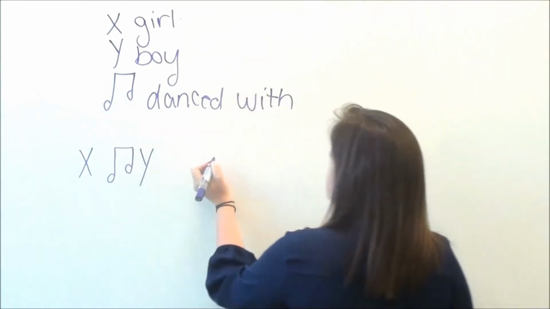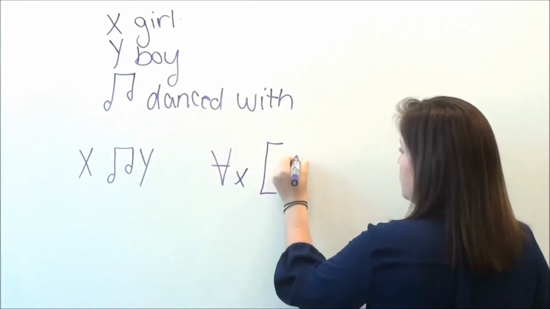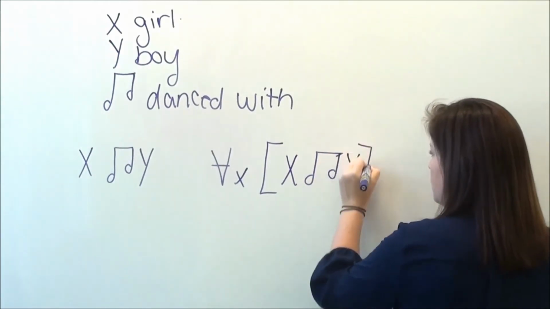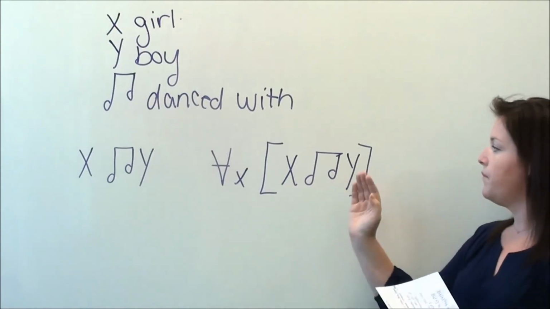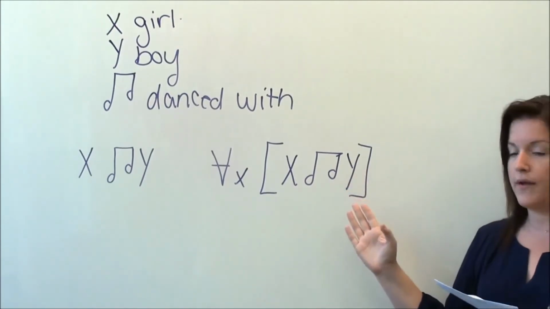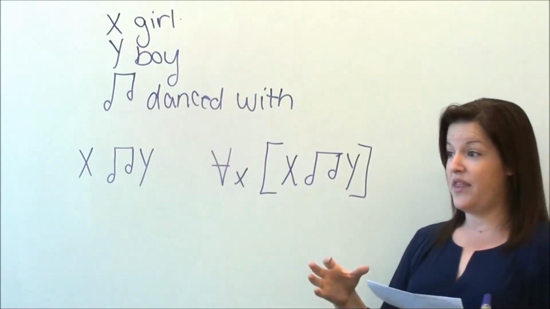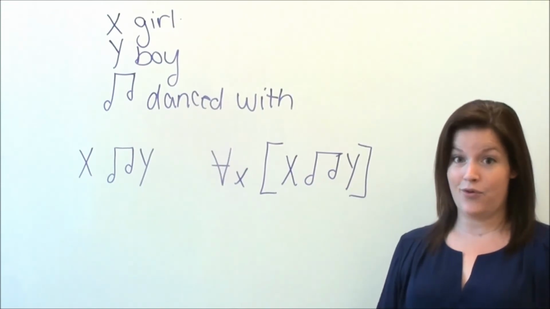We can now make this statement. Which now states, for all girls, girl X danced with boy Y. So this now means that every single girl danced with a boy Y. Whether that statement is true or false depends on how lucky this boy was.